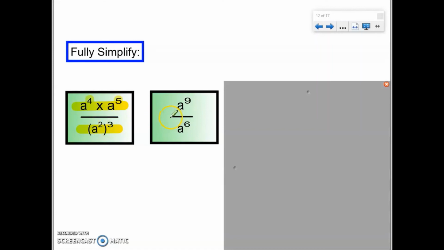Now what I'm left with here is this fraction line, which, remember, also means divide. So what this is actually telling me is a to the power of 9 divided by a to the power of 6. Using the laws of indices, when it's a division question, we subtract the index numbers.